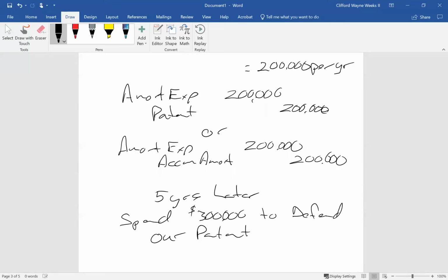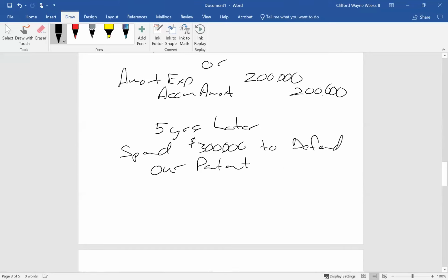So we spend $300,000 to defend our patent, and I should say successfully defend our patent. And so what we're going to do is record patent and cash for 300,000.